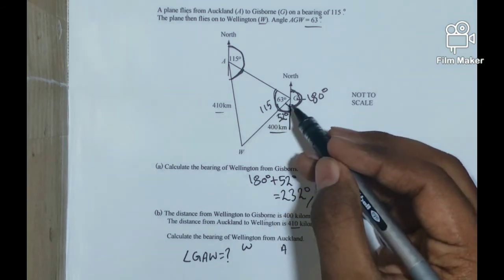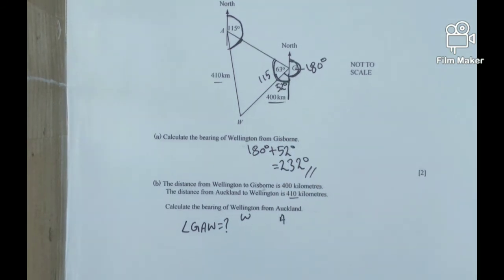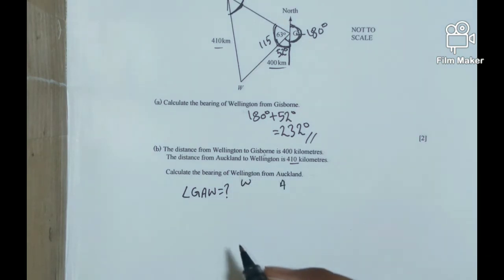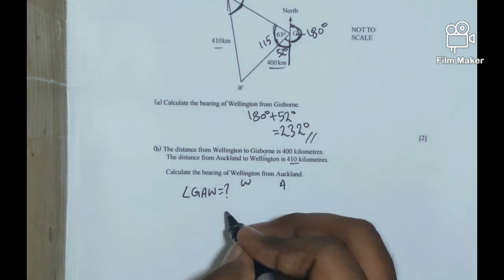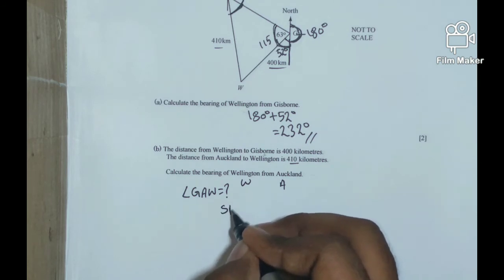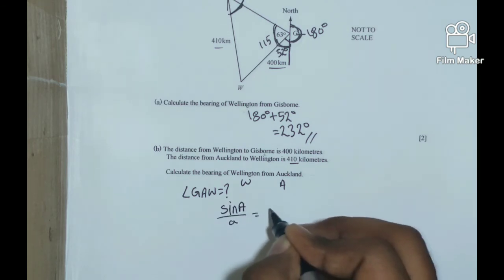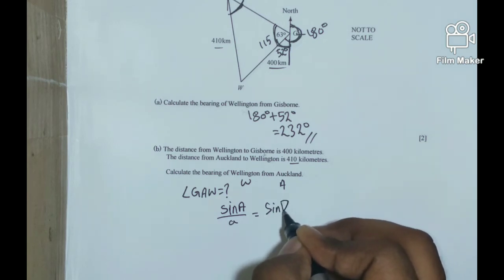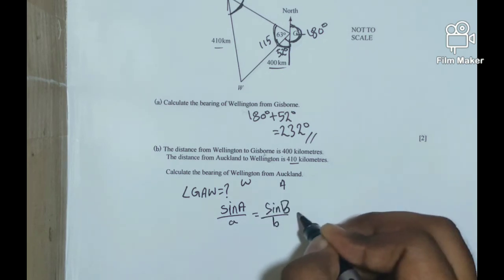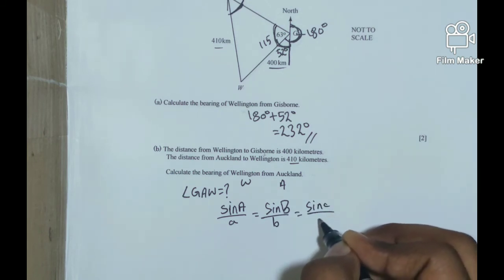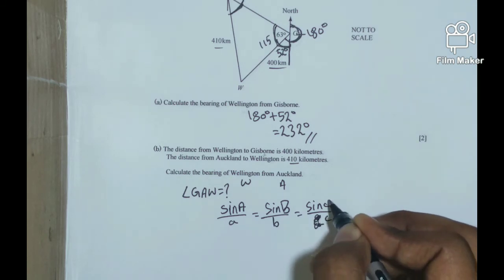As we can see, this is not a right-angled triangle, so we can write it as: since we have to find the angle, we'll take first sine A divided by a is equal to sine B divided by b is equal to sine C divided by c.